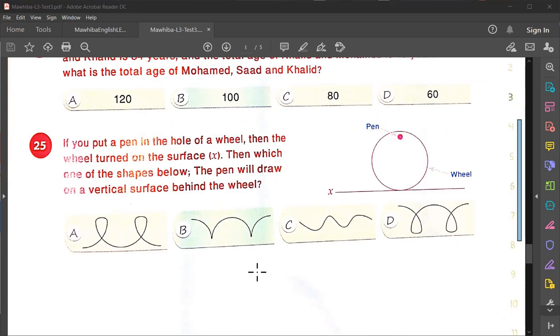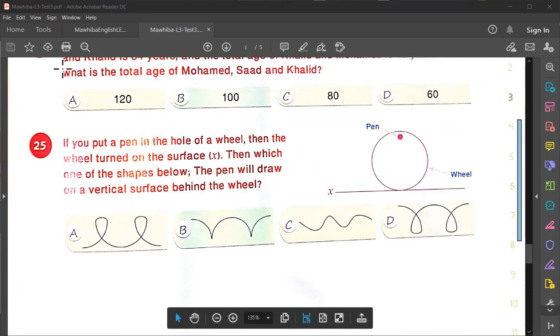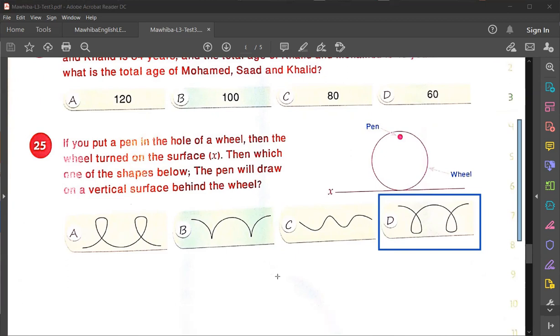What do you think? The answer is D, right?